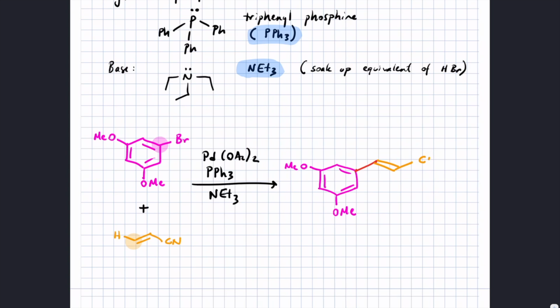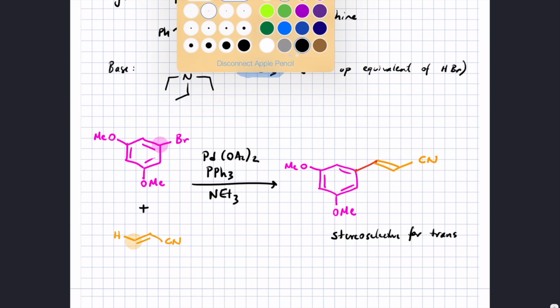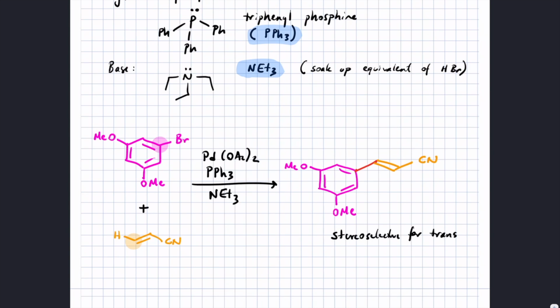And it turns out that this reaction is stereoselective for trans stereochemistry about the olefin. That is, the aryl group gets installed in place of the proton that was trans.